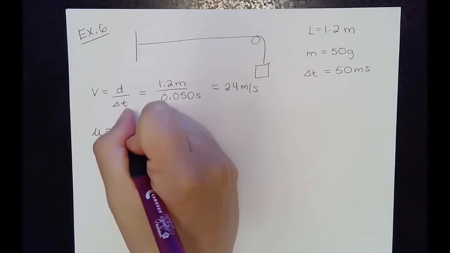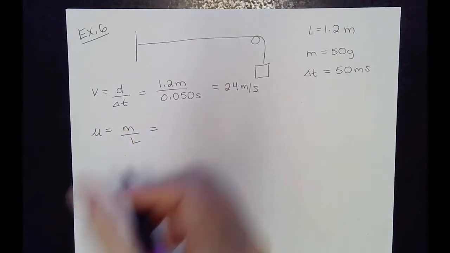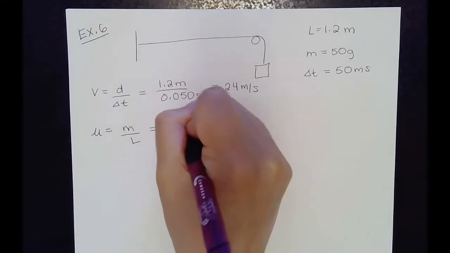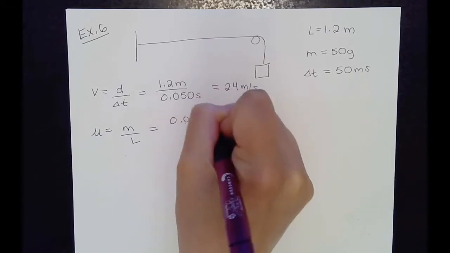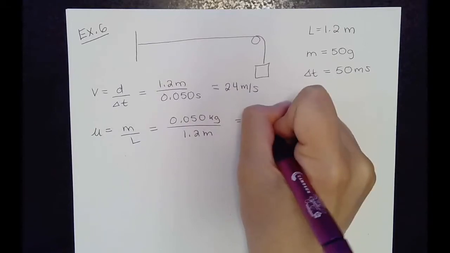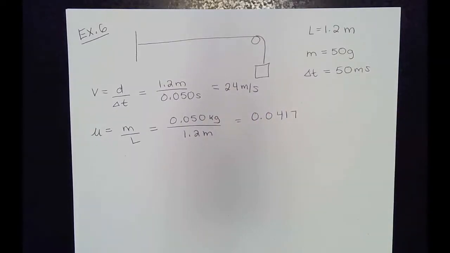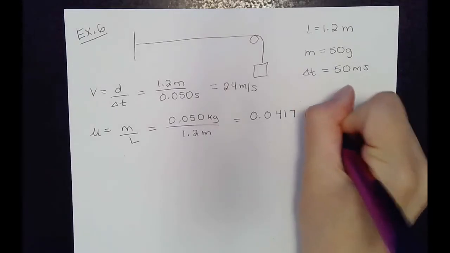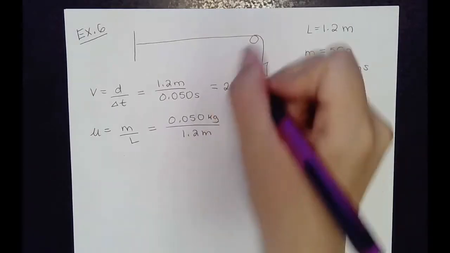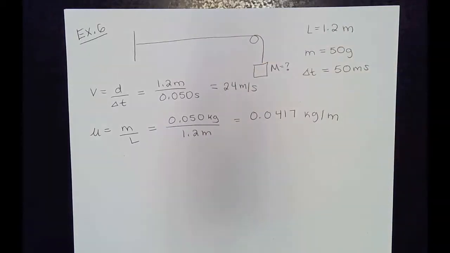Then mu we can find as well is m over L, mass per unit length. So 50 grams, 0.050 kilograms, over 1.2 meters, which is 0.0417 kilograms per meter.